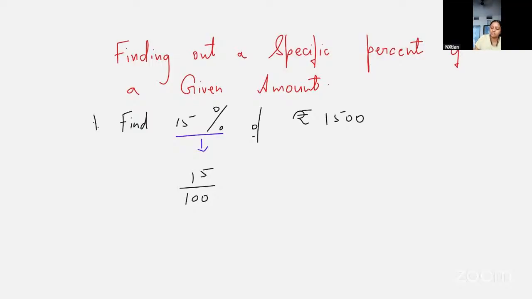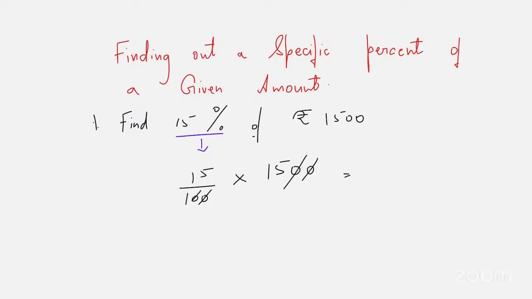So 15 by 100 of 1500, so into 1500. Now I will cancel 0 and 0 with 0 and 0. Multiply 15 times 15, and 15 times 15 is 225. What we will get? Rupees 225.